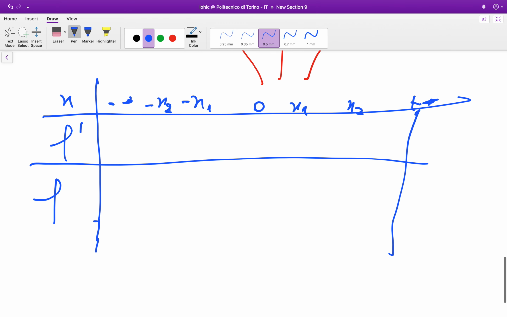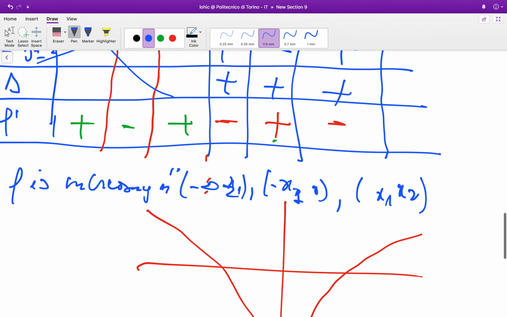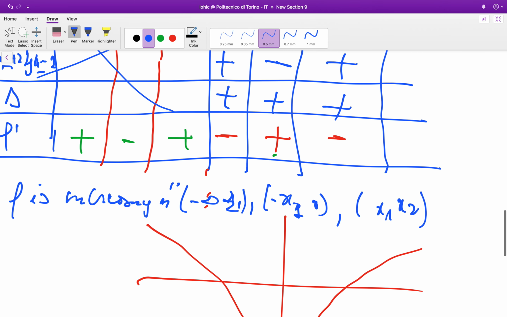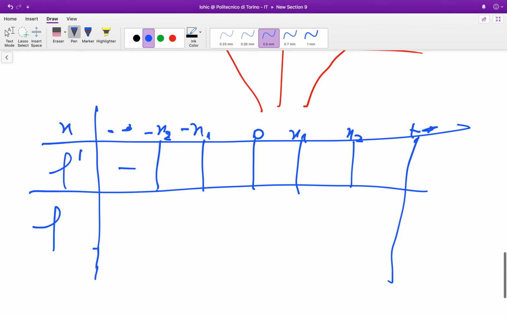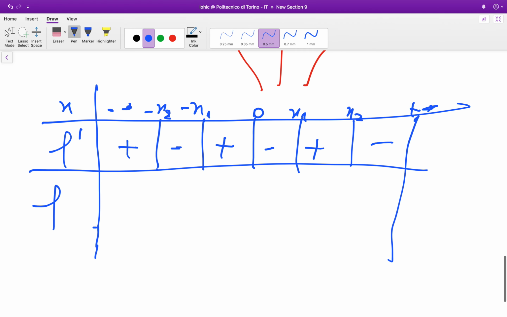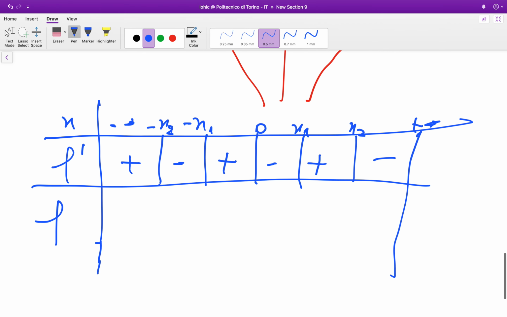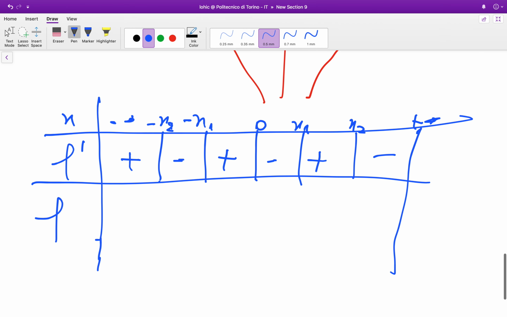In this table we have plus, minus, plus, minus, and so on. Nice. At minus infinity, I think the limit was 0, right?